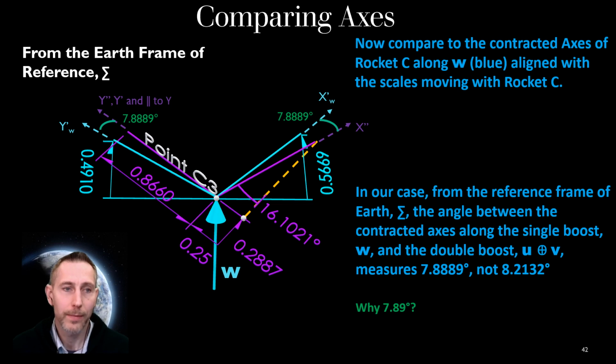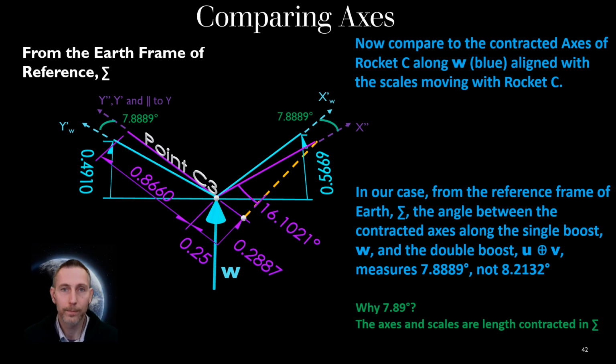But why? Because the axes and scales are length contracted in sigma along W.